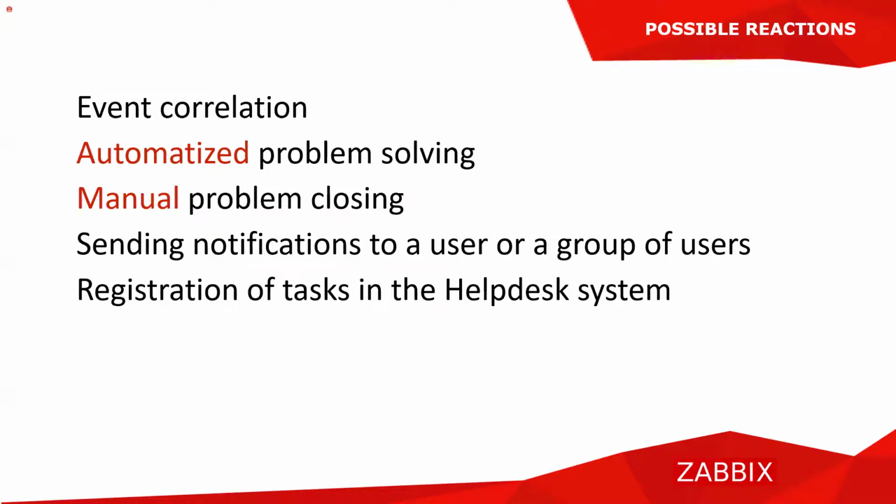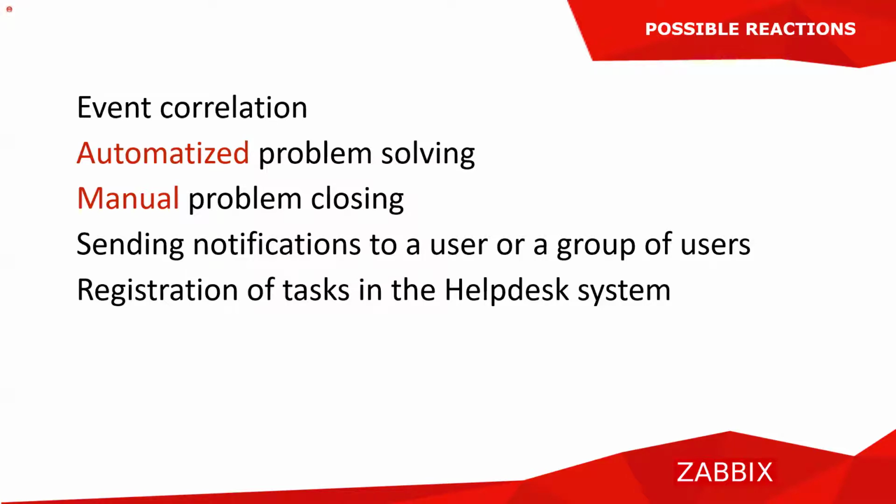We can, of course, send notifications to different users, to different levels of support, to the management, to the administrators, to the network administrators, Linux or whatever, depending on who is more relevant in terms of being notified about the problem that is happening.